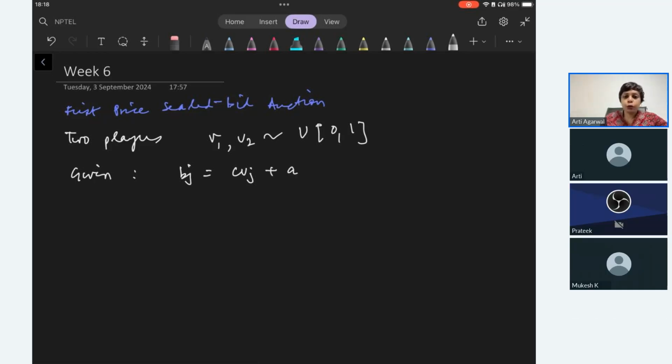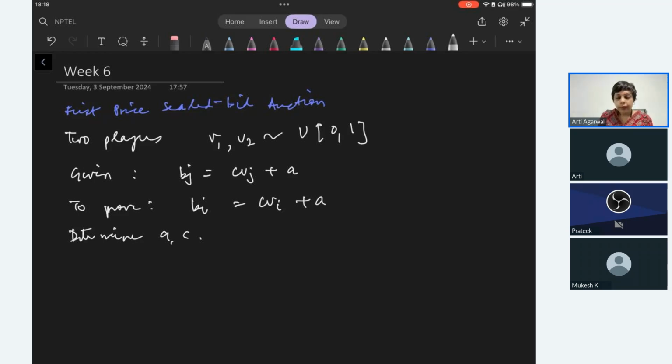What we need to prove is that Bi is also of the same form, C Vi plus A, and determine A and C. So this is a more general question than whatever we've discussed in the lectures.